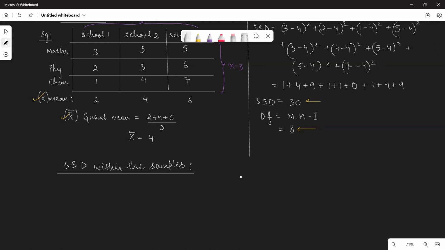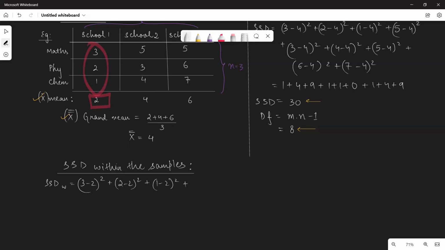So when we say SSD within the sample, how will we calculate that? SSD within is equal to 3 minus 2, yes, I'm talking about the first sample, so 3 minus 2 whole square plus 2 minus 2 whole square plus 1 minus 2 whole square, where your mean is 2.